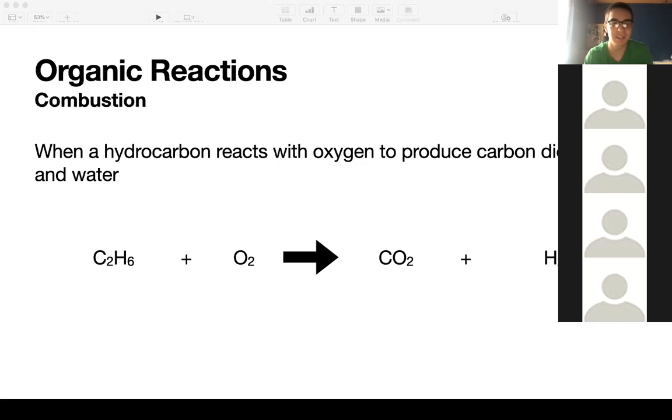So go ahead and try balancing this reaction. I will do the same because I actually don't have the answer. So let's see.